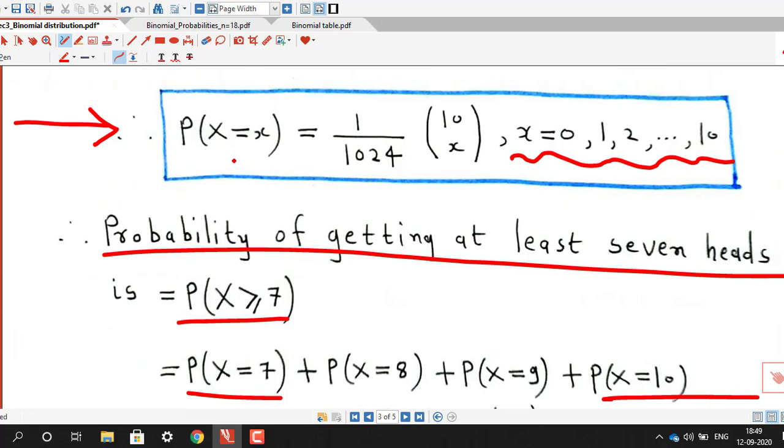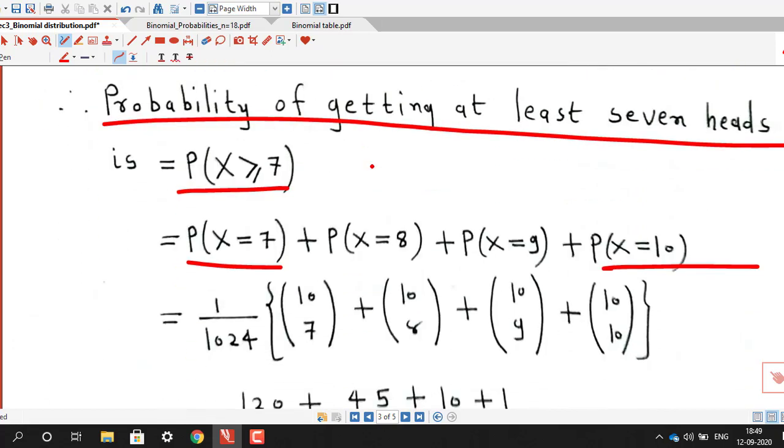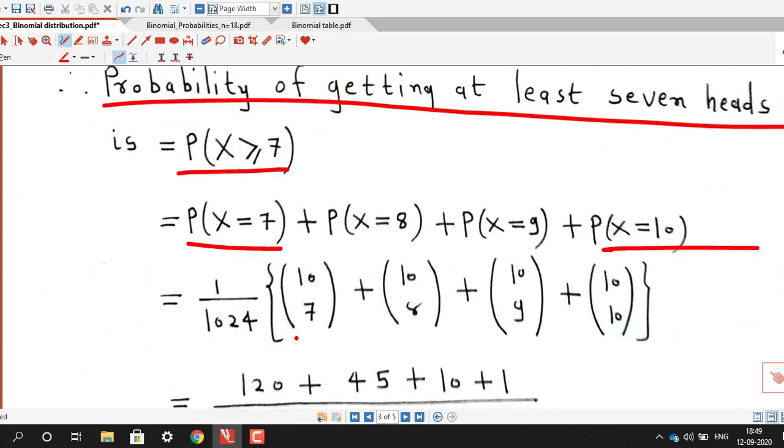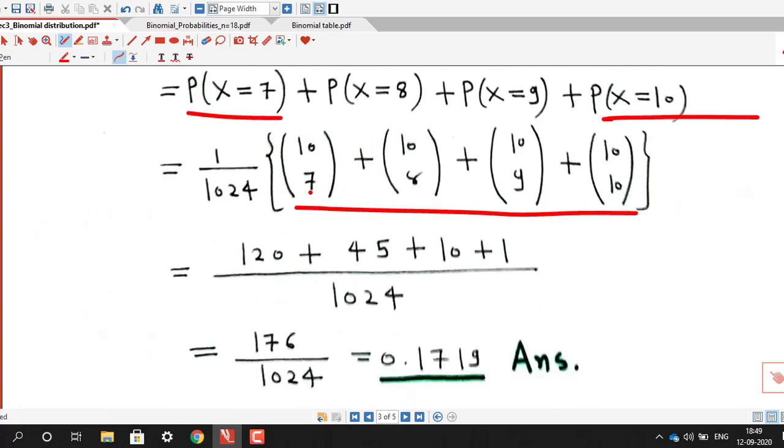And those probabilities can be calculated using this. If we put x equal to 7, we obtain 10c7 by 1024. For x equal to 8, it is 10c8 divided by 1024. Okay, so 1 upon 1024 is common, and we can write 10c7 plus 10c8 plus 10c9 plus 10c10.